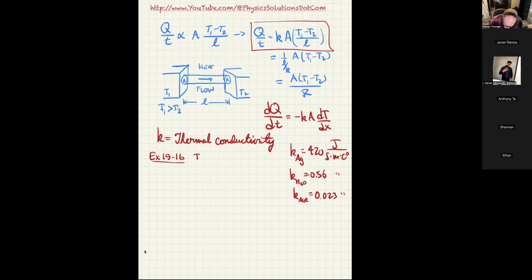So T1 is 15.0 degrees Celsius and T2 is 14.0 degrees Celsius. The area is 2.0 meters by 1.5 meters, and the thickness L is 3.2 millimeters.